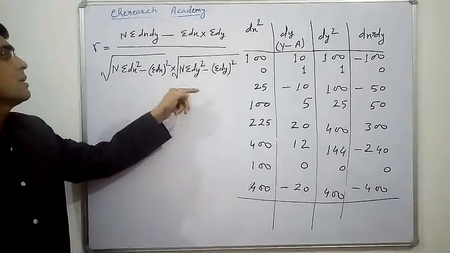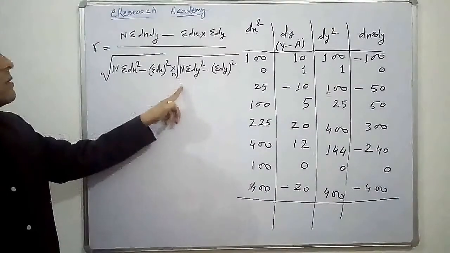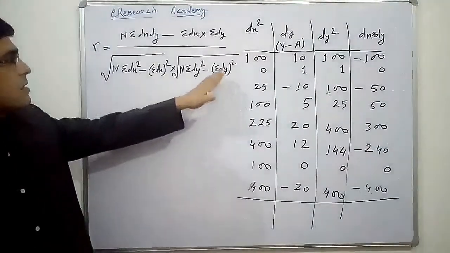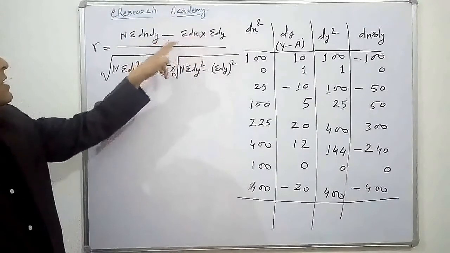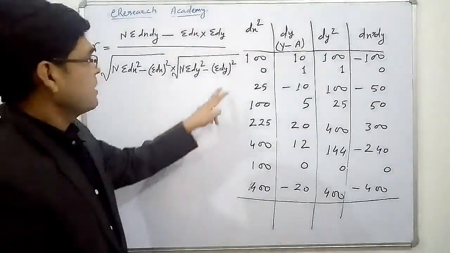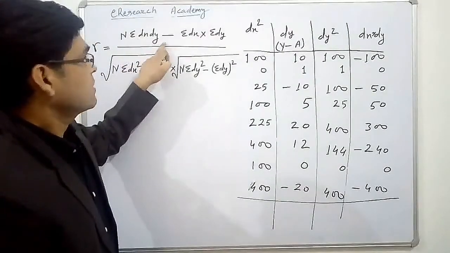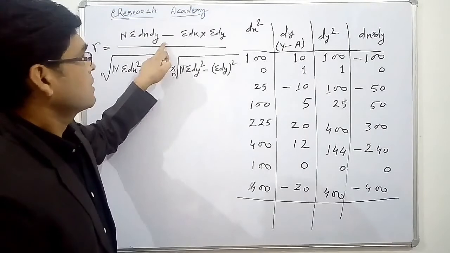Now what we need are the values of these terms. The first thing we need is sigma dx and dy.